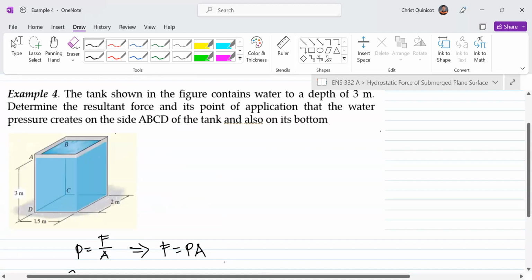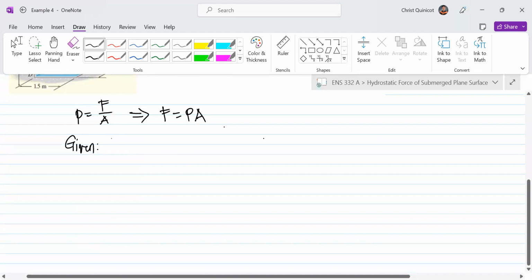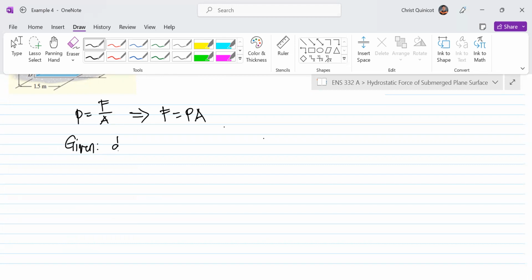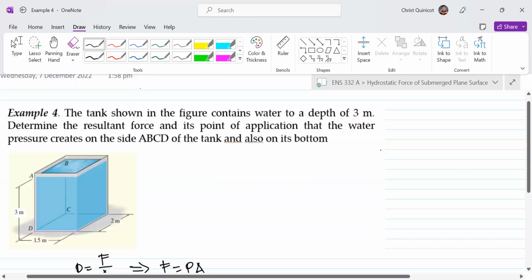We have our depth is equal to 3 meters. And our fluid is water.